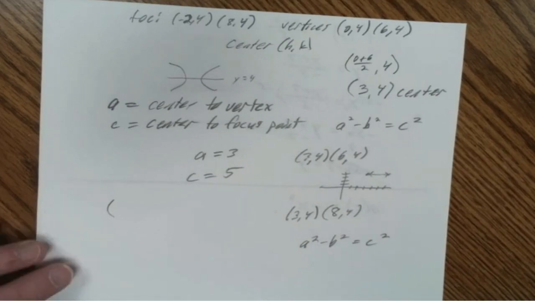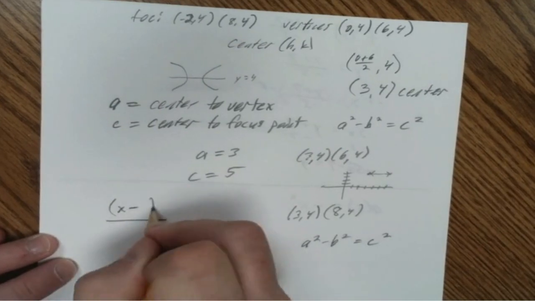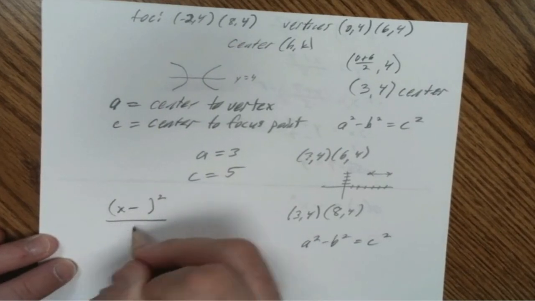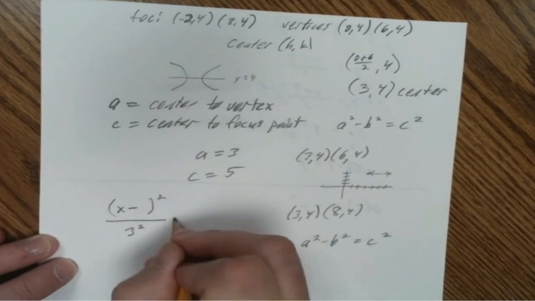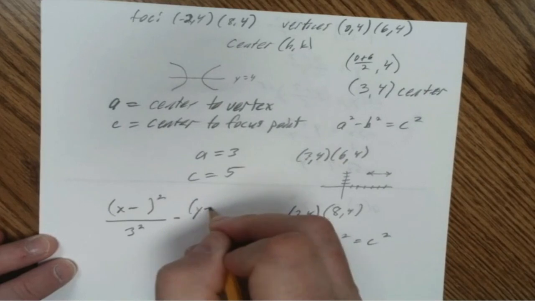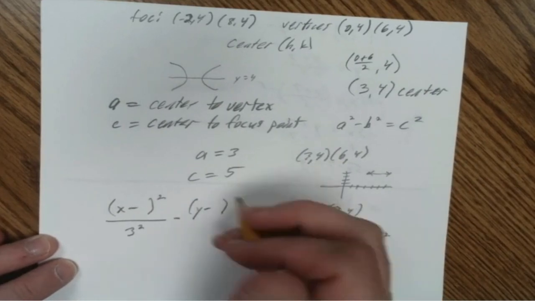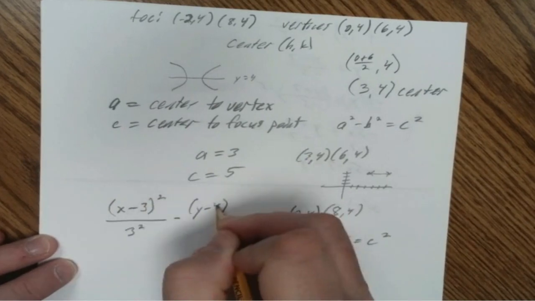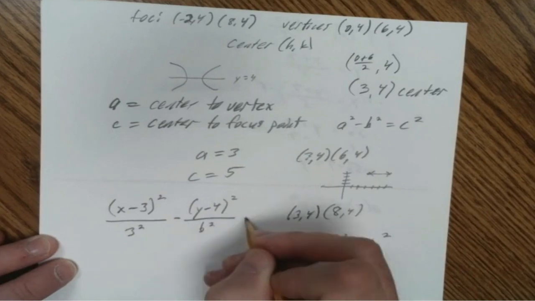Ours is horizontal, so the x minus h squared is going to be over the a squared, in this case 3 squared, minus y minus the k. Our h is 3 and our k is 4, so it's x minus 3, y minus 4, and this is over b squared equals 1.